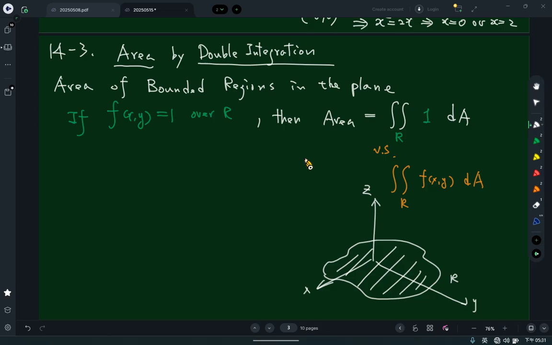So how can we imagine that? Okay, I just force f of x,y is equal to 1. So that means no matter at which point, the height is always 1.